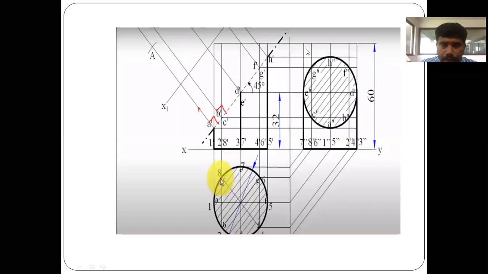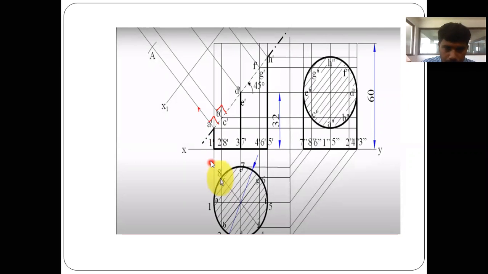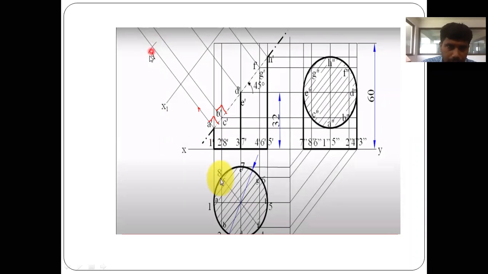You take a line, you keep your compass on one point over here and another point over here. You have to measure this distance from base to A. At the same time, you have to take from here to here, it is the A. You mark that radius arc.